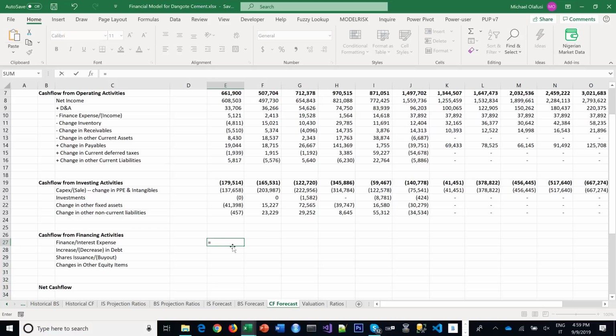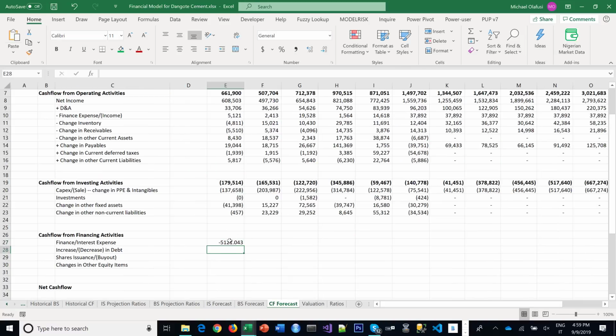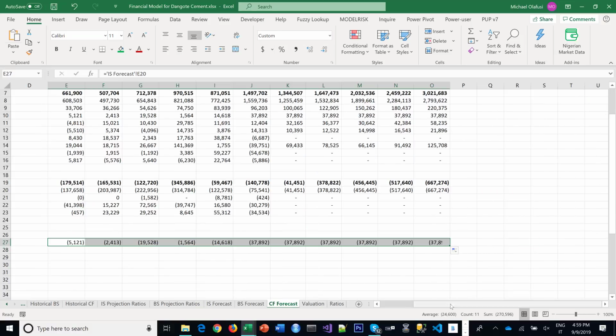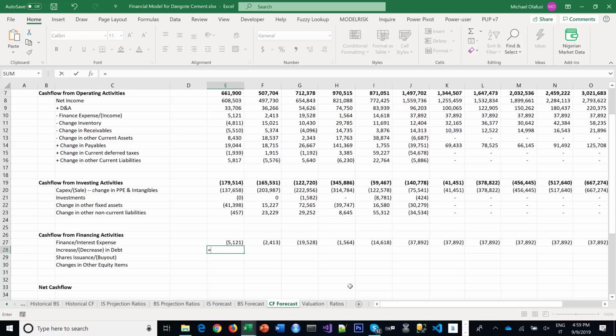So the interest expense, I can go bring it as is from here. And then the increase in debt.